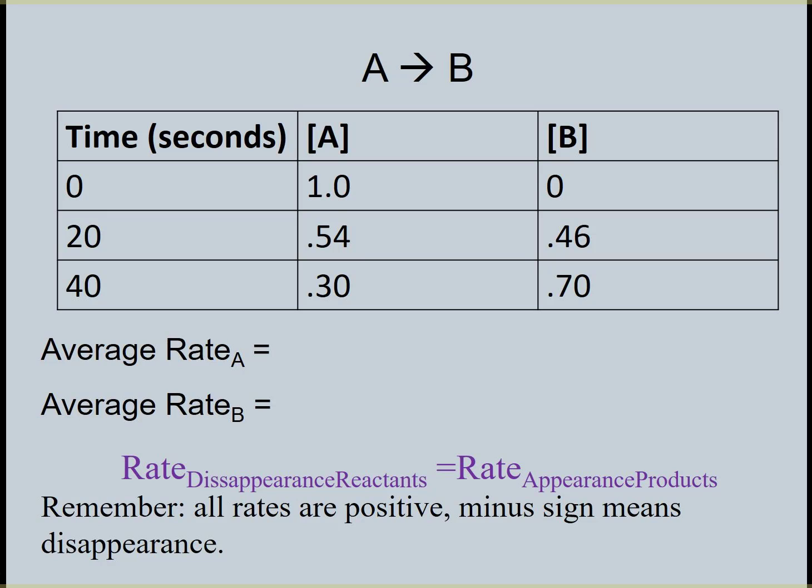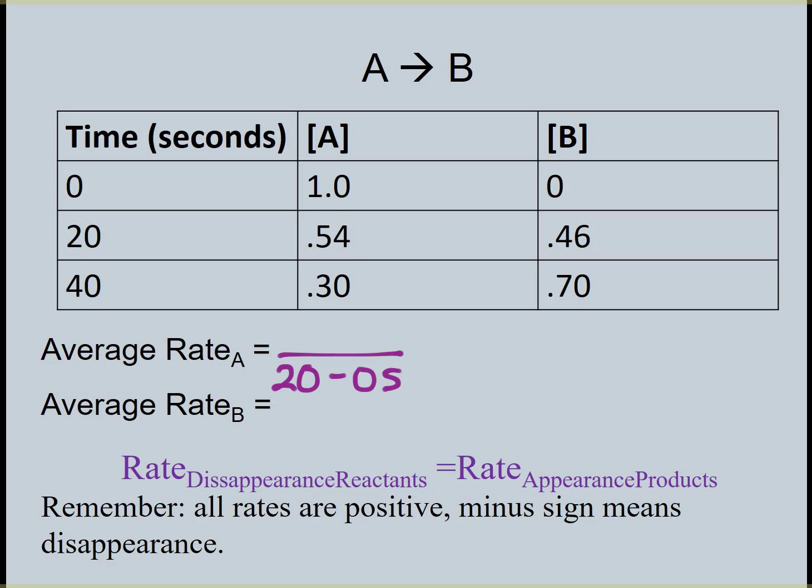So let's calculate the average rate of A. Unless it's specific, you can just pick the time that you want. Maybe it wants the average from 0 to 40. I think I'm just going to go from 0 to 20. Doesn't really matter. So as far as my rate of A, I'm going to do 20 minus 0 seconds. Remember, it's final minus initial.